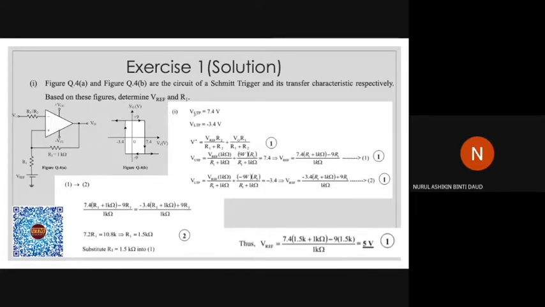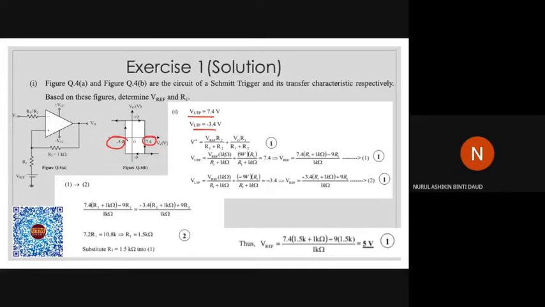As I mentioned, from this transfer characteristic you have two values: VUTP here and VLTP here, the upper trigger point and the lower trigger point, from this information here.